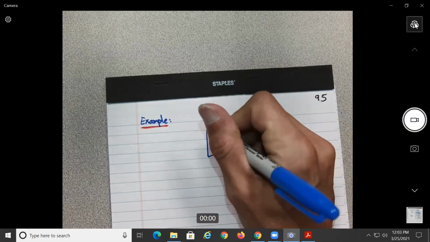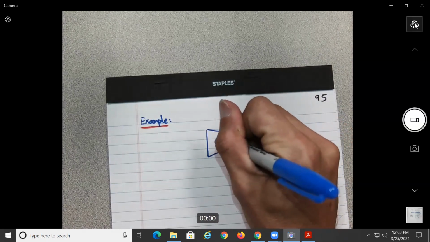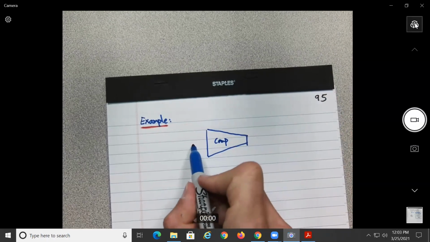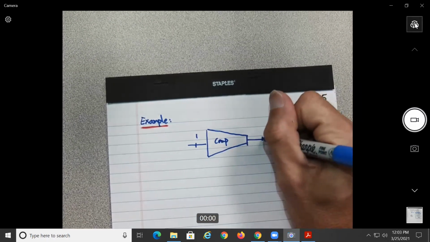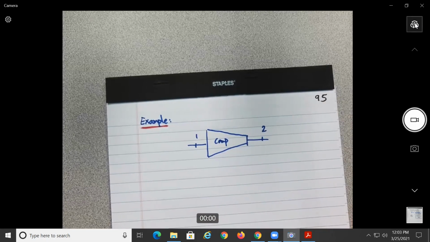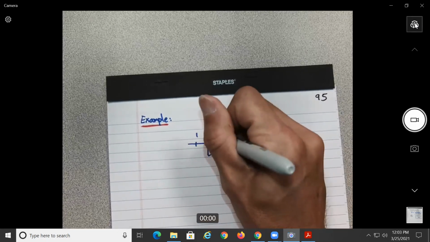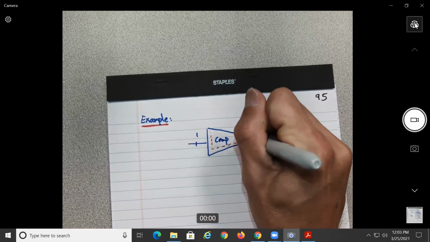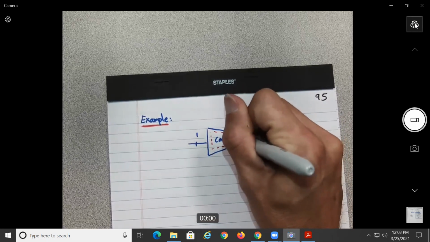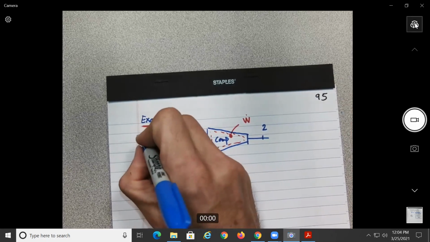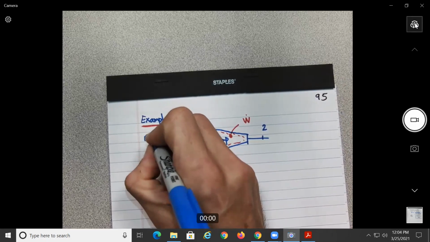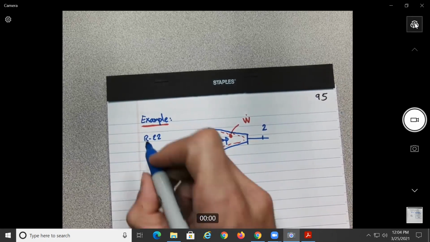The symbol does not matter at all. Because I have 1 and 2, this will be your control volume. And we know this is gonna require power. And in this case, they tell us that the substance is refrigerant 22, so R22.